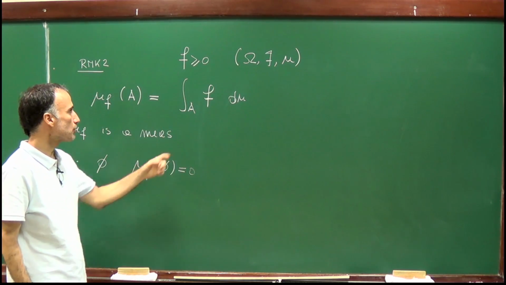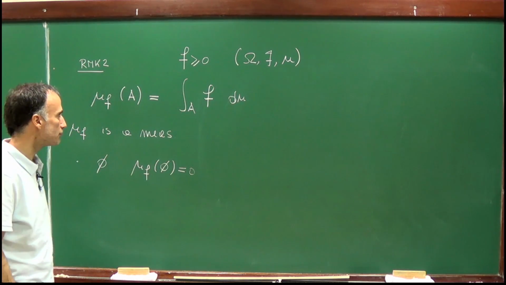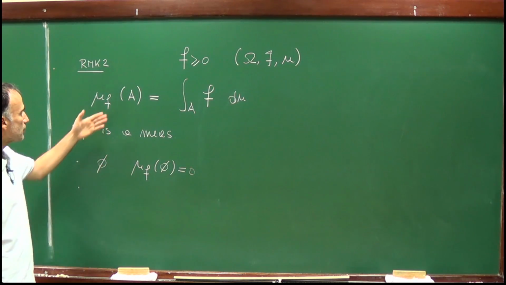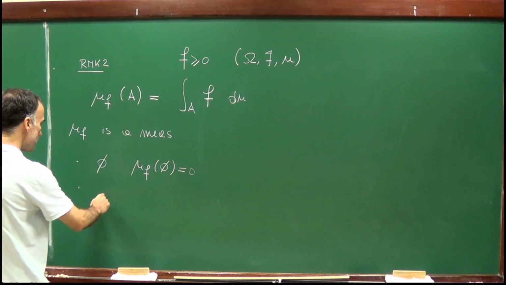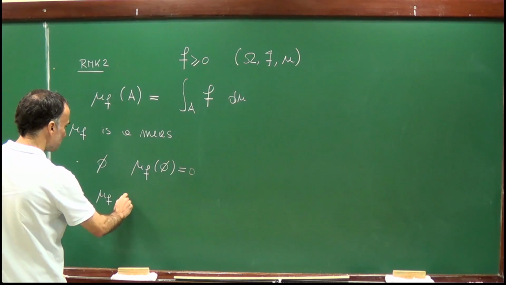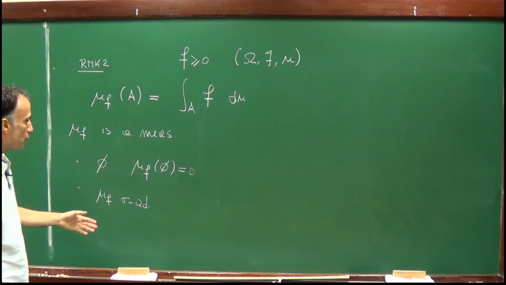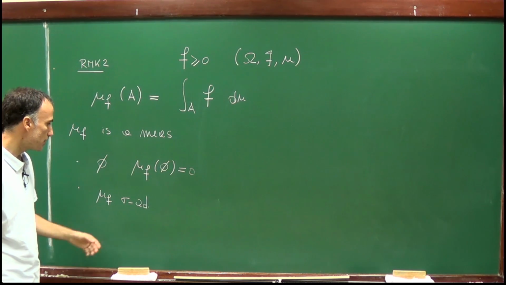So this is a simple consequence of one of the properties of the integral. And now what's important is to show that mu_f is sigma additive. And this is where we will use the monotone convergence theorem.